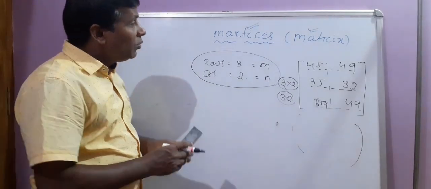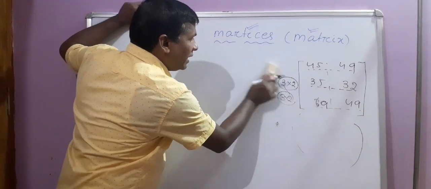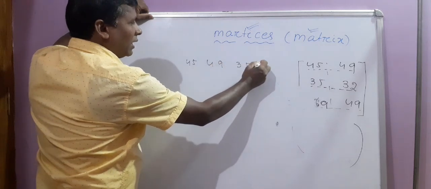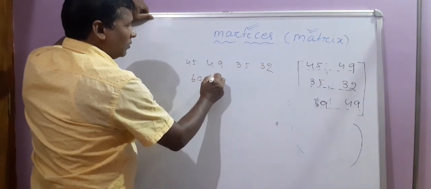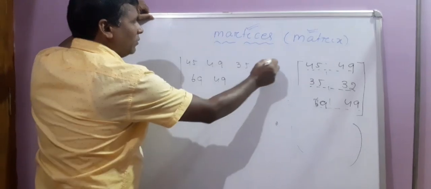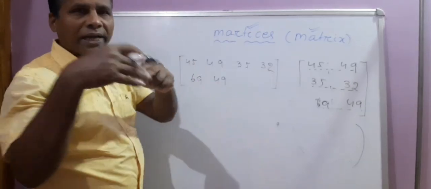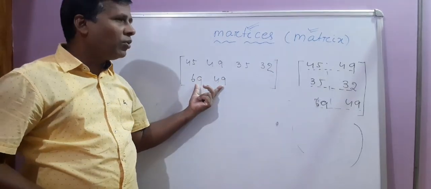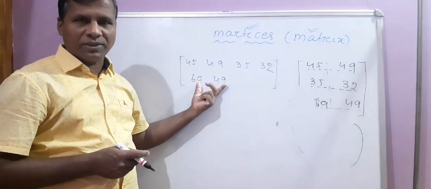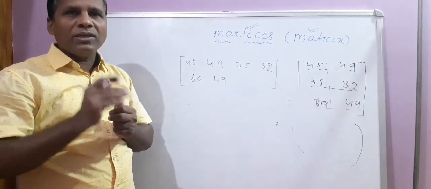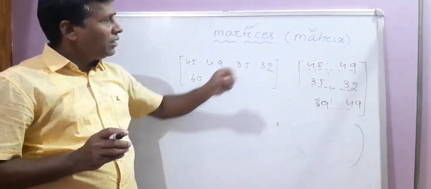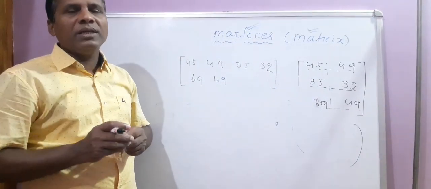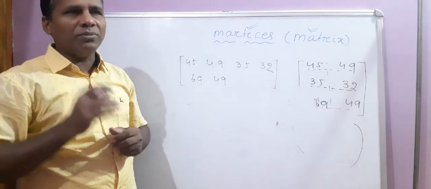If you arrange them like 45, 49, 35, 32 and 69, 49, this is an unsystematic arrangement, because the first row contains 6 elements but the second row contains 2 elements. So the definition is: a systematic array of elements in an order is called a matrix.